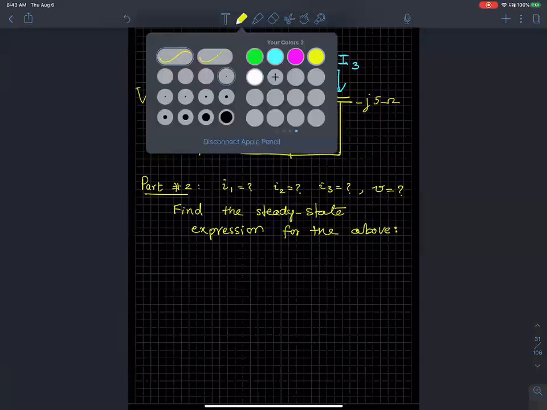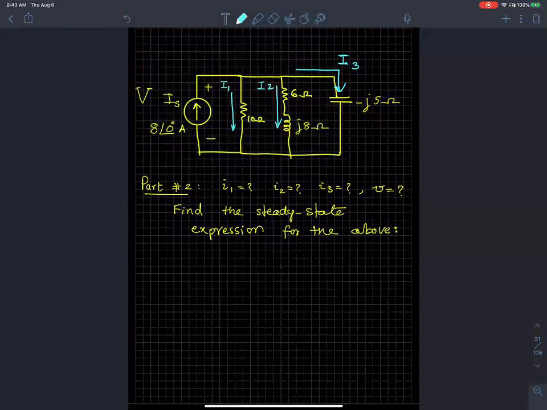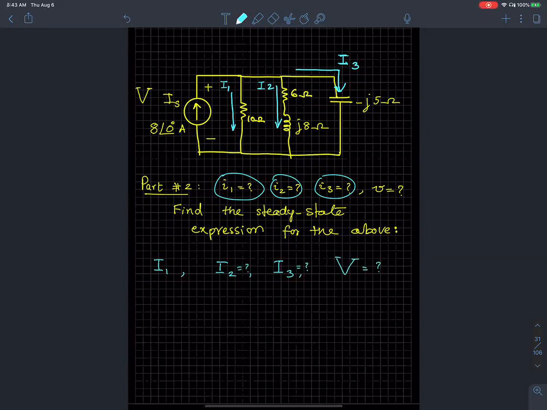The method I'm going to follow in order to find little i1, little i2, and little i3 is to first find capital I1, capital I2, capital I3, and capital V. Once I find these, then I can translate from phasor to time domain.